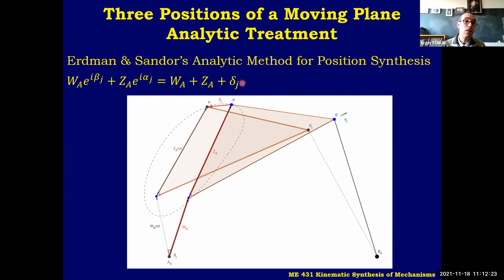And during that motion, the point displaces by delta J, okay? Well, if you set this delta J to 0, actually it's going to be the pole between position 1 and J, but we won't set it to 0 because we're not looking for the pole.